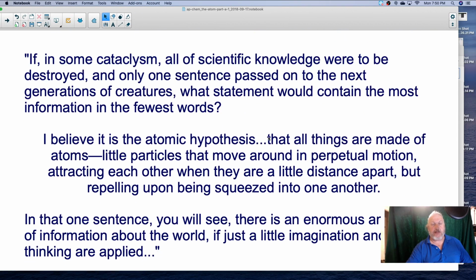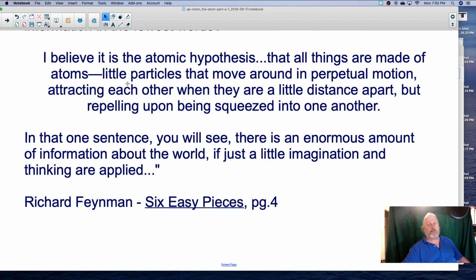I believe it is the atomic hypothesis that all things are made of atoms, little particles that move around in perpetual motion, attracting each other when they are a little distance apart, but repelling upon being squeezed into one another. In that one sentence, you will see that there is an enormous amount of information about the world, if just a little imagination and thinking are applied. So this is pretty huge.